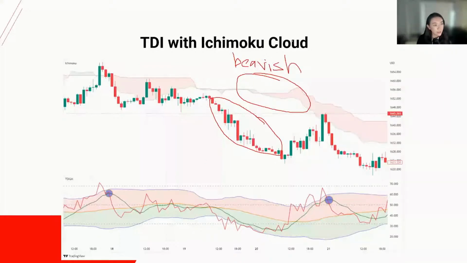When the price, imagine, is moving here, it's a bullish market. Because we are using all the crosses together with Ichimoku, it can give us a better signal as to whether it's bullish or bearish, and whether we should enter the trade.